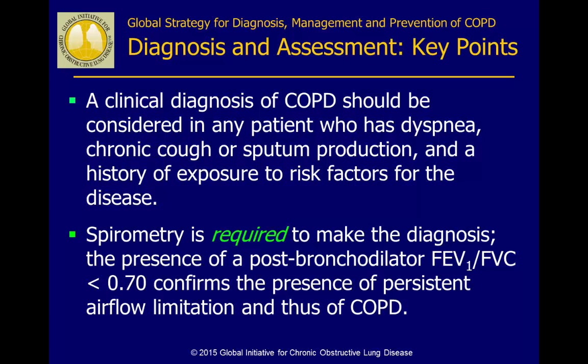Patients with chronic bronchitis tend to be hypercapnic and hypoxemic. That is not affected in emphysematous patients. So, how do you diagnose COPD? That should be considered in any patient that has dyspnea, chronic cough with copious sputum production, and a history of the risk factors that we have discussed.